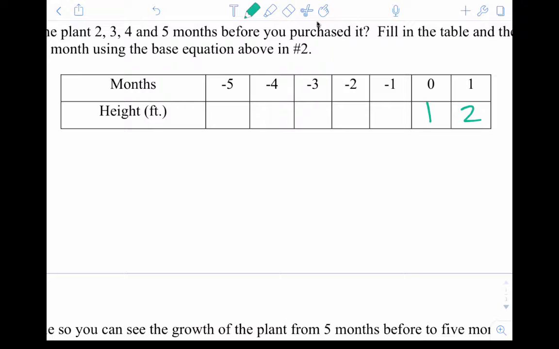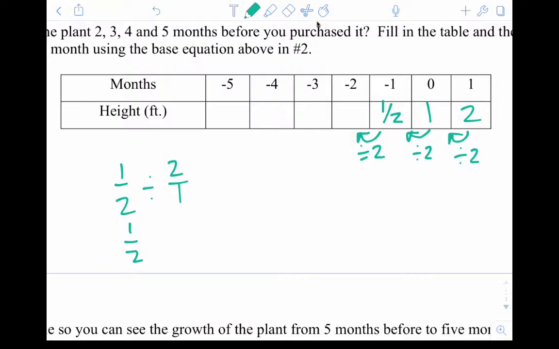So if we're thinking about number of months after we bought it, if we're going backwards in time, then we're going negative. So -1 month would be the month before, which would be 1/2. So every time I'm dividing by 2. So to get 2 months before I bought it, I'm going to divide by 2 again. So I'm going to take 1/2 divided by 2.